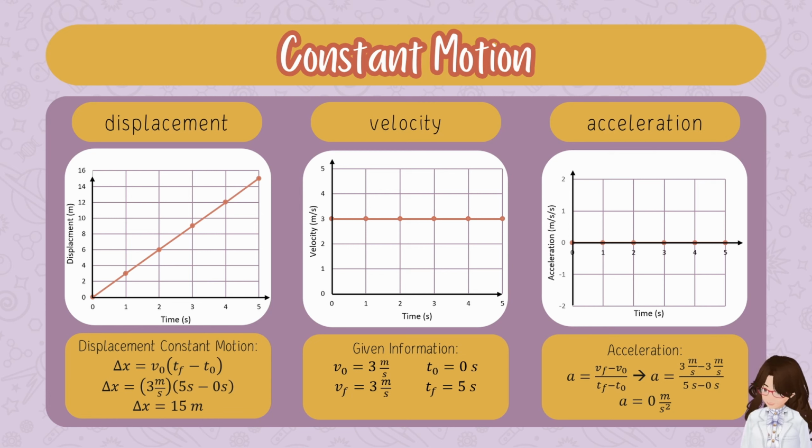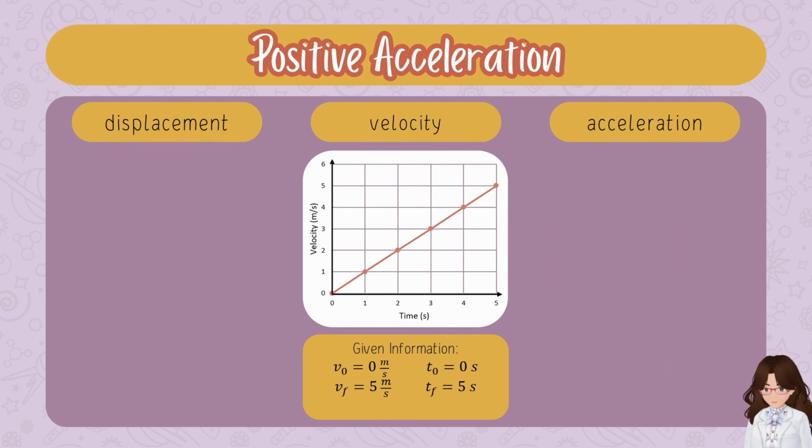I just went ahead and did the total displacement at the end, or the average displacement. You can use this formula where you input V naught and then you change the T final so that way you're calculating your displacement at each second. In this case here, we can see that when we have a constant motion that is not 0 meters per second, our displacement graph will produce a diagonal straight line.